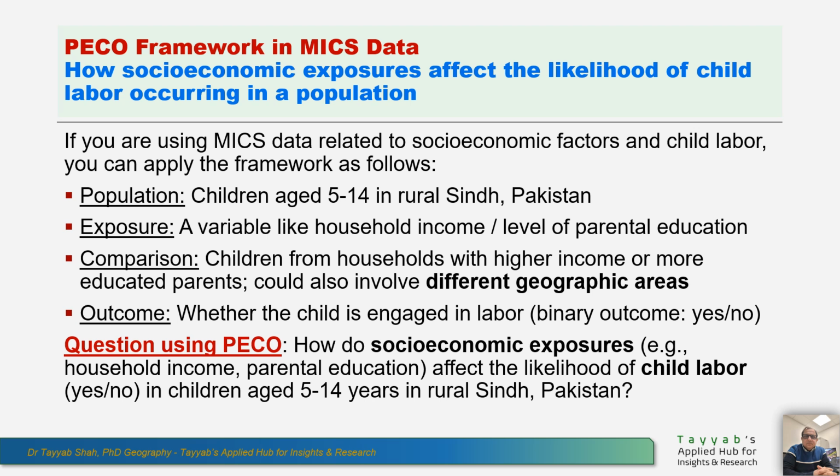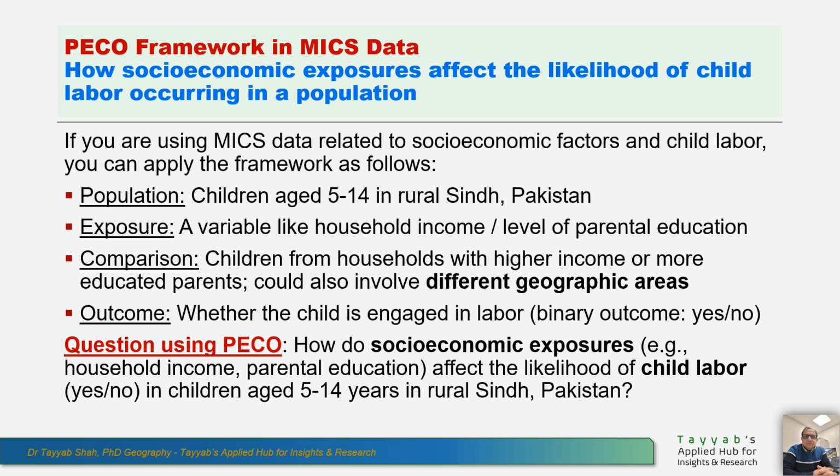So you need to describe your population in detail, with the information you have in your mind, and the exposure variables like household income and the level of parental education. There are some other variables as well which can also be set as the exposure.